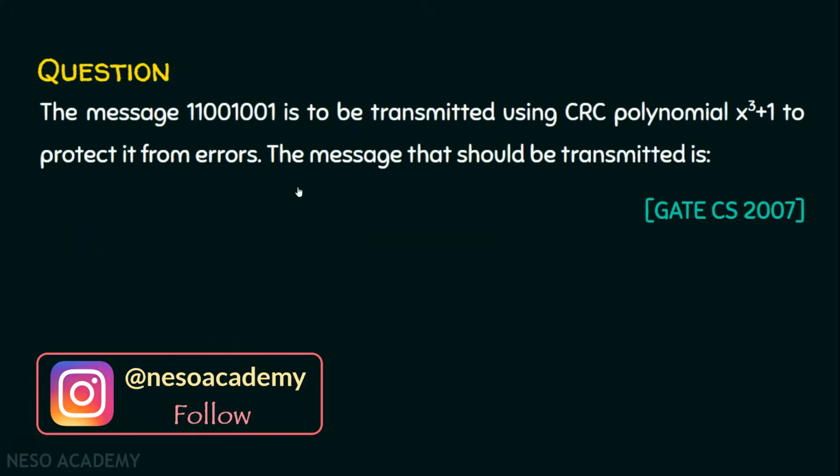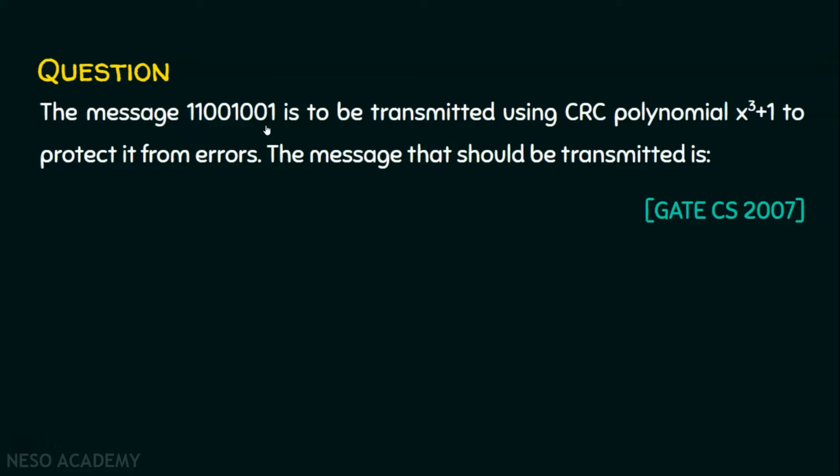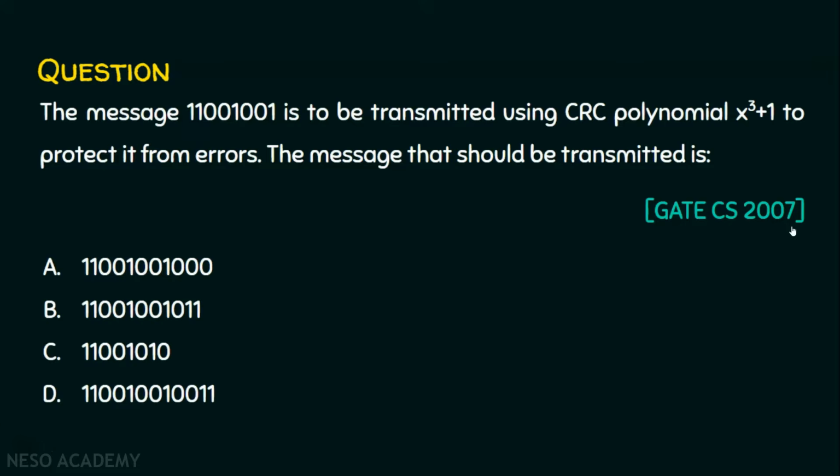The question is, the message 11001001 is to be transmitted using CRC polynomial x cube plus 1 to protect it from errors. The message that should be transmitted is, and this was the question that was asked in GATE Computer Science in the year 2007, and options are given.